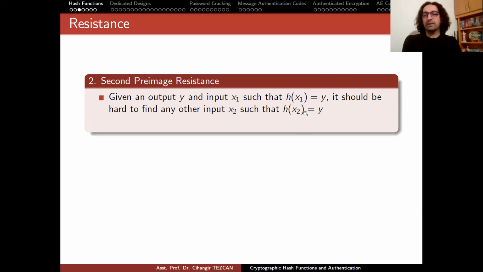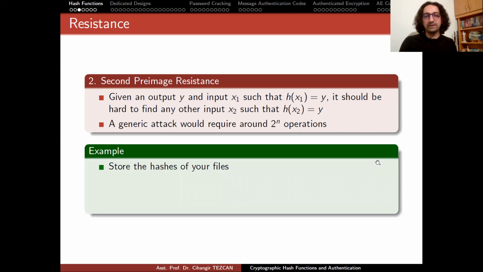So there are X2, maybe X3 and X4 that would also give this value Y, but it should be hard to obtain. So this is why we also say that a generic attack would require around 2 to the n operations. Again, this n is the bit size of the value Y, which we also refer to as message digest length.